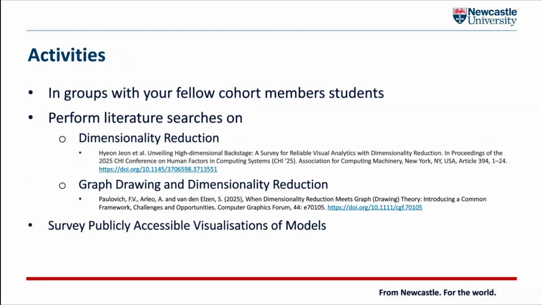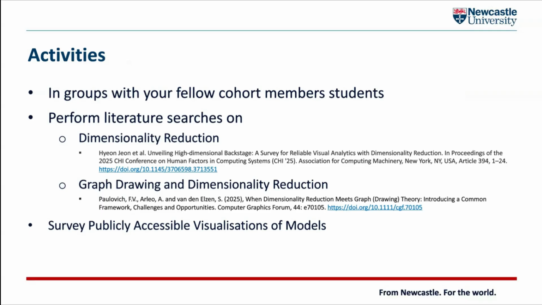Maybe it might be nice to look at the dimensionality reduction literature just to get your hands dirty with some of that. I have a survey, and this is on reliable visual analytics for dimensionality reduction. It's the GD 2025 survey. You can use that as a starting point to go out.